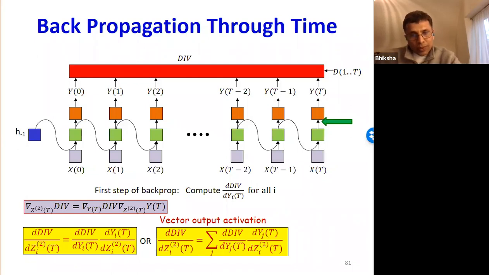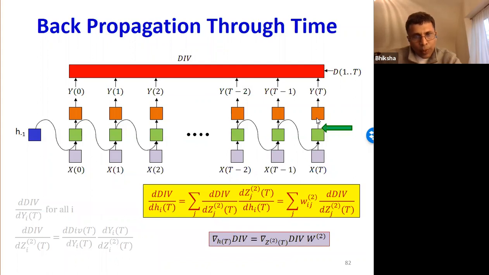So now, in the first step of the backprop, ignore the slides at the bottom. The equations in yellow, we'll focus on the vector notation. We already have the derivative of the divergence with respect to the output at the final time. We can propagate it backward by multiplying that by the Jacobian of the output layer to compute the derivative with respect to the affine value at the final time.